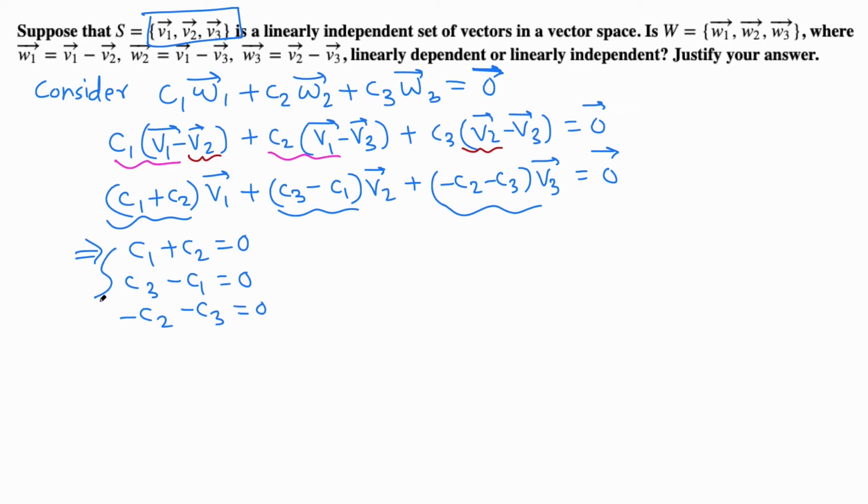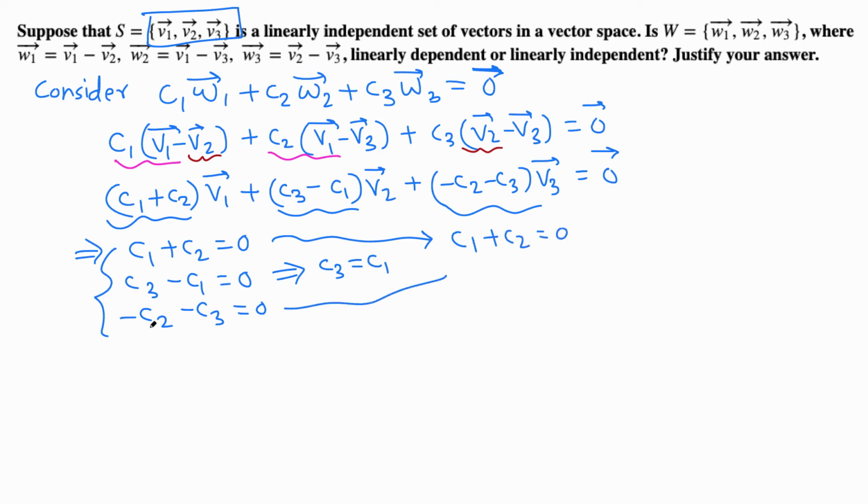Now we solve these three equations by some substitution. From this one we get, moving this over, that c3 is the same as c1. Now we can replace c3 by c1. Let's write everything in terms of c1 and c2. I'm just going to leave c1 plus c2 equals 0.